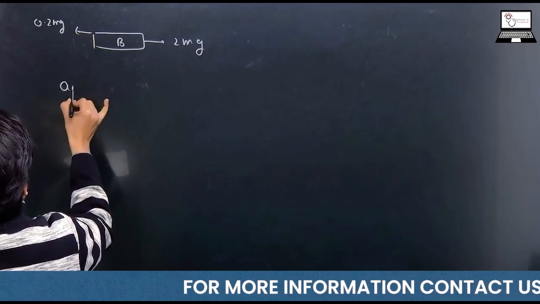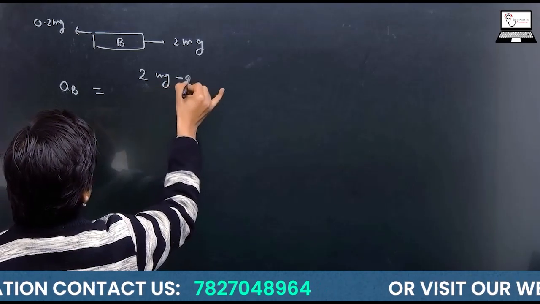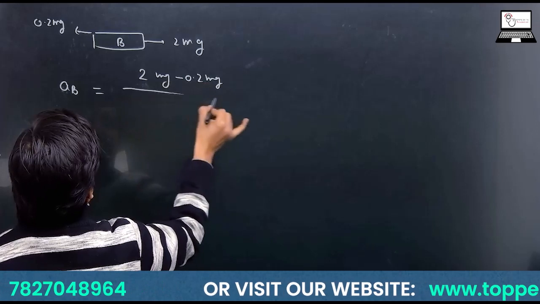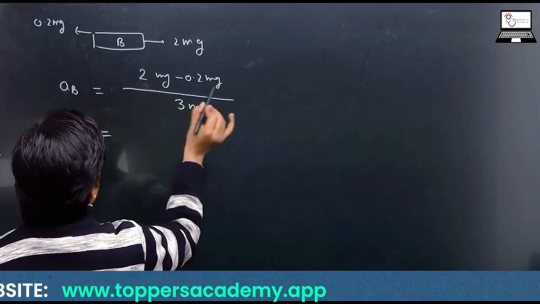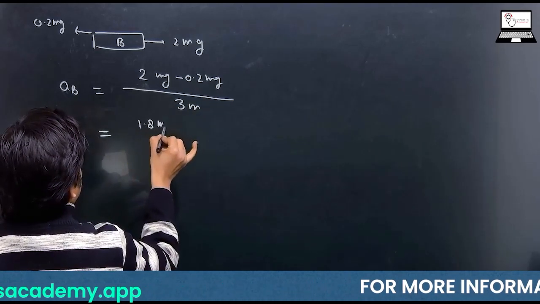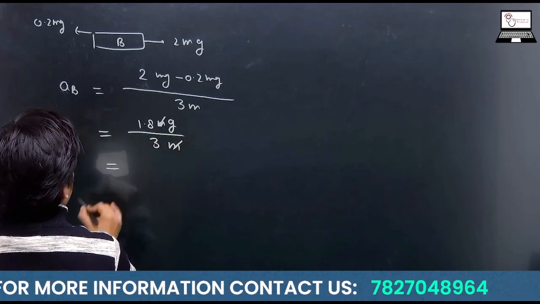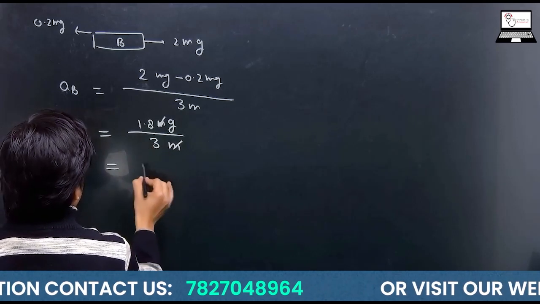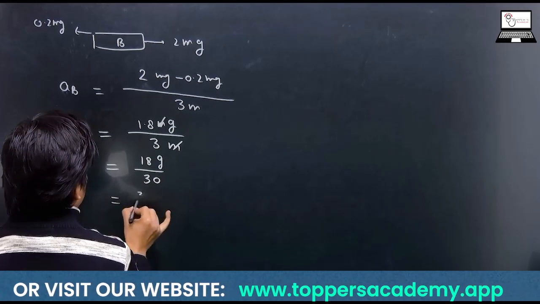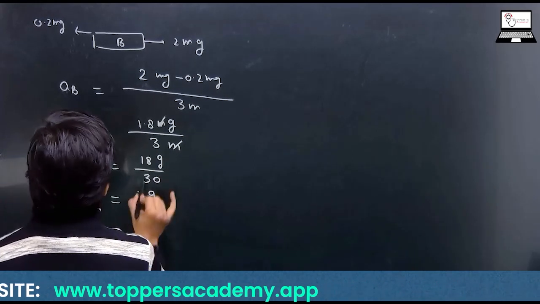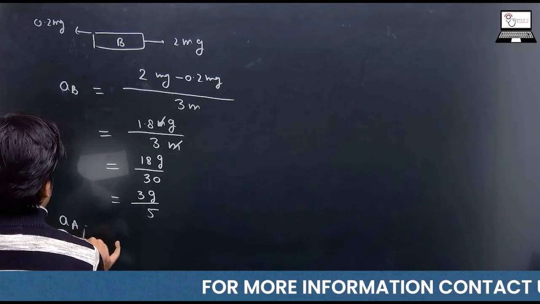So acceleration of B will be equal to 2mg minus 0.2mg divided by the mass of block B, which is 3m. That is 2 minus 0.2, which is 1.8mg, divided by 3m, so this will be equal to 3g by 5.